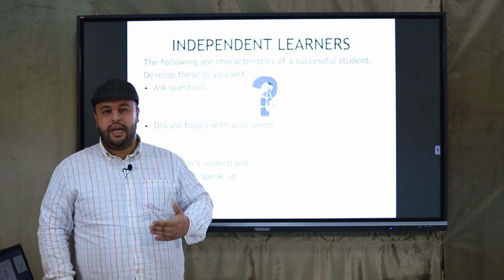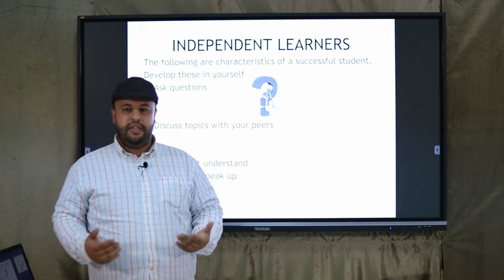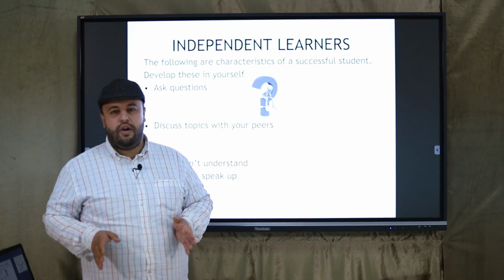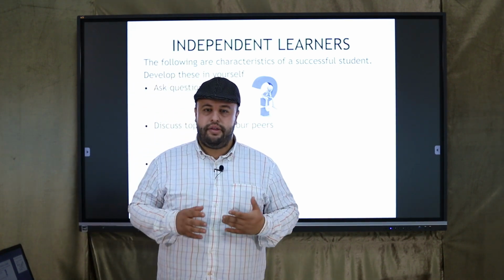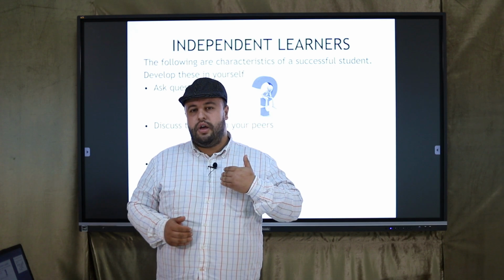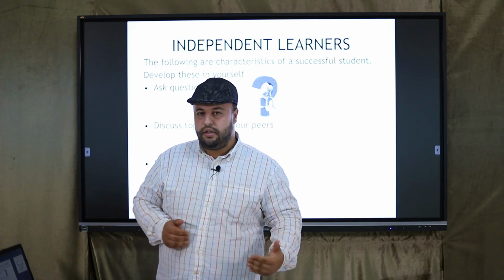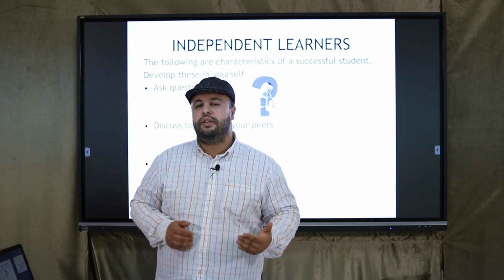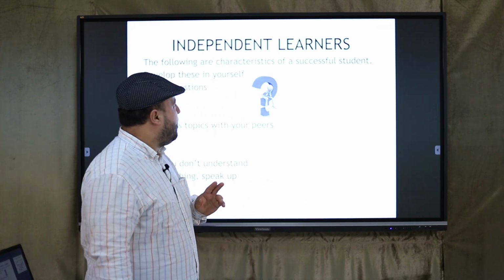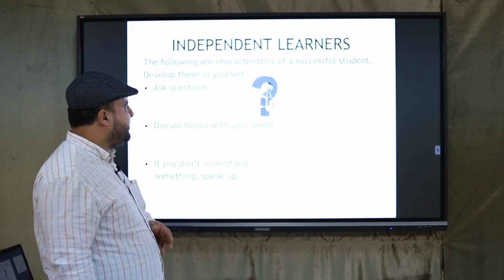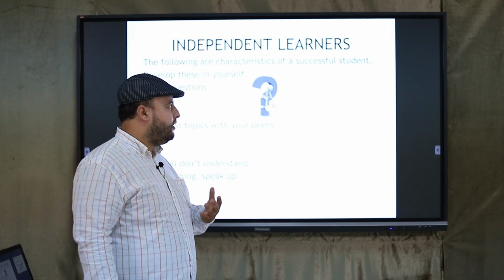What does it mean to be an independent learner? An independent learner is the one who is learning by him or by herself, starting with independent reading and independent writing. The following are characteristics, the features of successful students.